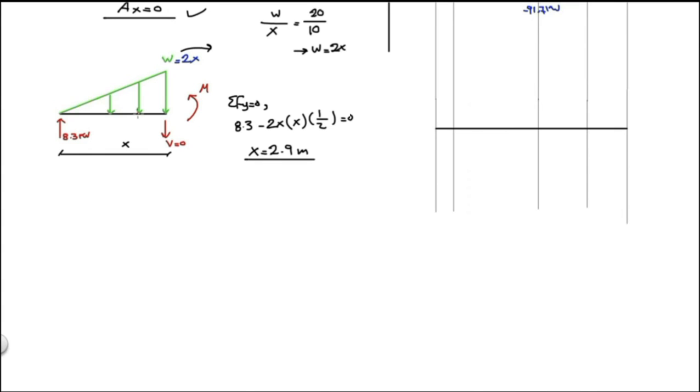Let me first convert this load to a concentrated load, as we did before. So this x is no longer unknown. It's 2.9. So we can calculate the area of this triangle, which equals 8.41 kilonewton. Now let's find the moment.